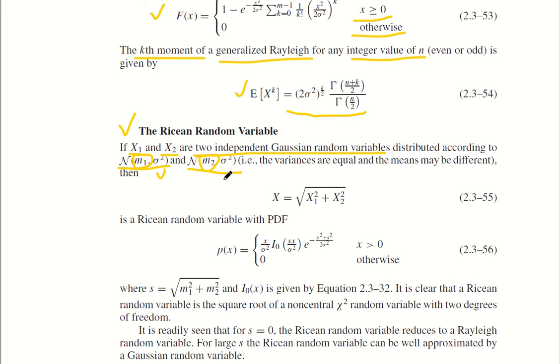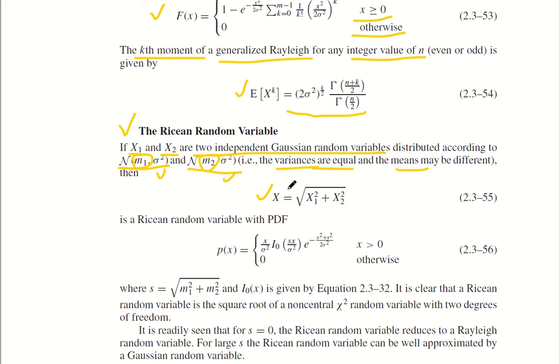Sigma squared here, sigma squared here. But M1 and M2 are different from Rayleigh. And as you can see, if you set M1 and M2 to be 0, then you get Rayleigh. It reduces back to Rayleigh. So the variances are equal and the means may be different and non-zero.